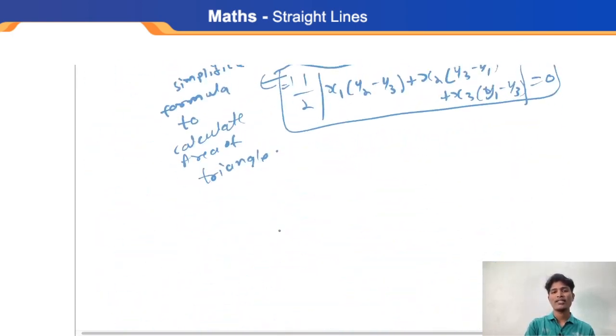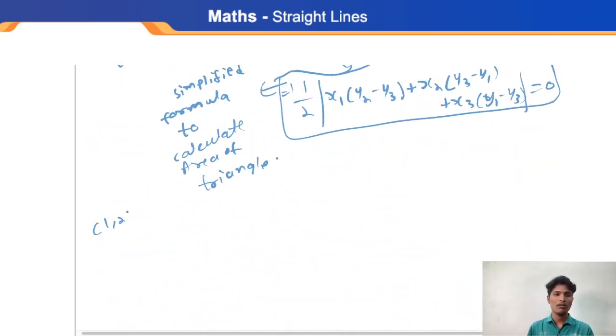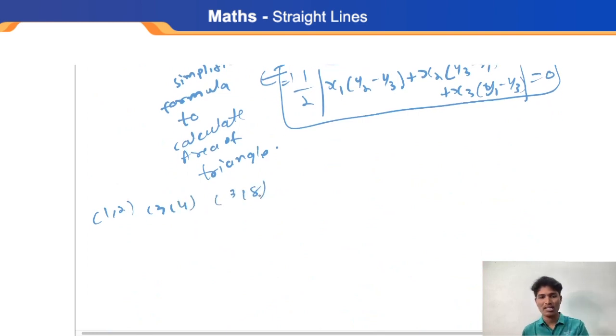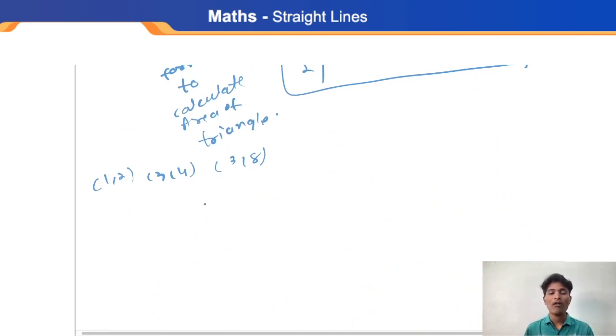So if I take an example, suppose 1 comma 2, 3 comma 4 and 3 comma 8 are the 3 points given, and you have to find the area. How to calculate?